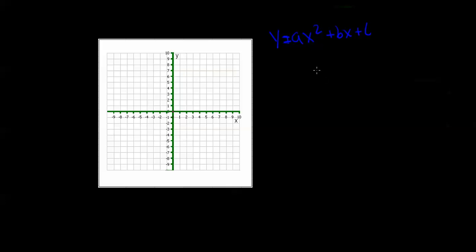Now, a parabola opens upward when a is greater than 0. So let's look at what that means. A parabola opening upwards would look like this. Now, a parabola opens downward when a is less than 0.